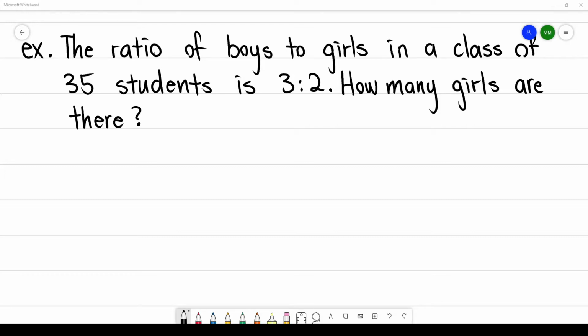Okay. That's a good way to look at it. Trying out numbers that can divide by 35. Yes, because people are always whole numbers, so you must have whole numbers. Good.